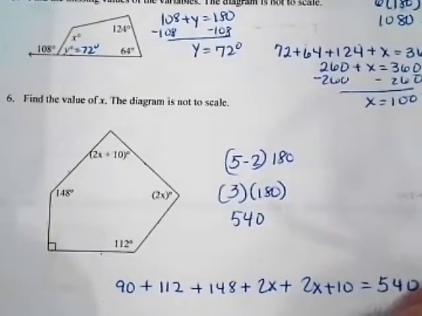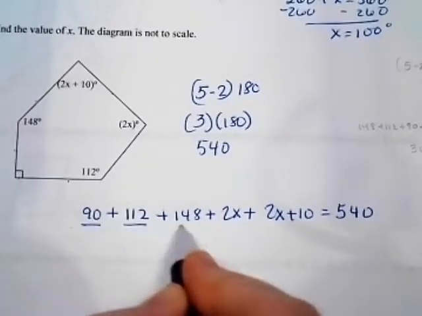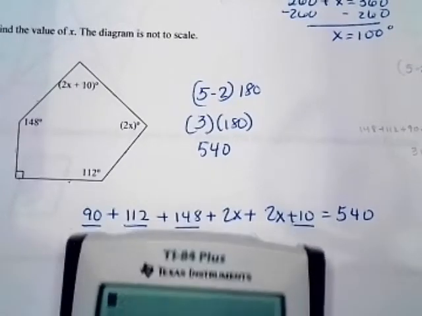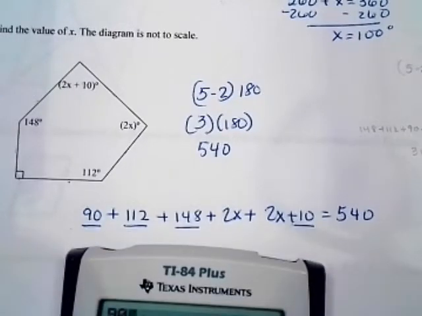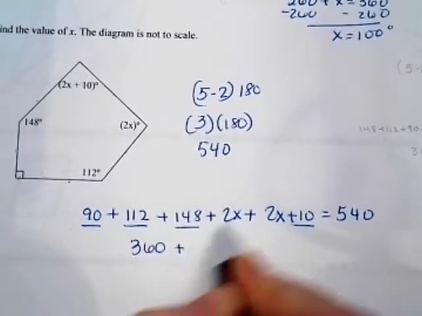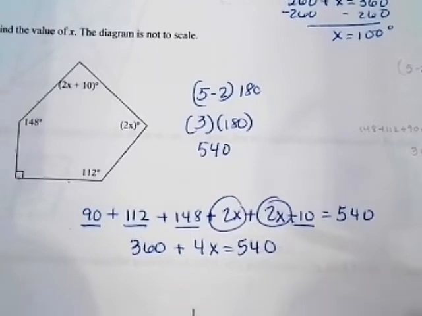Now I'm going to combine like terms, this one and this one and this one and that one. I'm going to add all of them up. 90 plus 112 plus 148 plus 10 is 360. So 360 plus 4x equals 540.